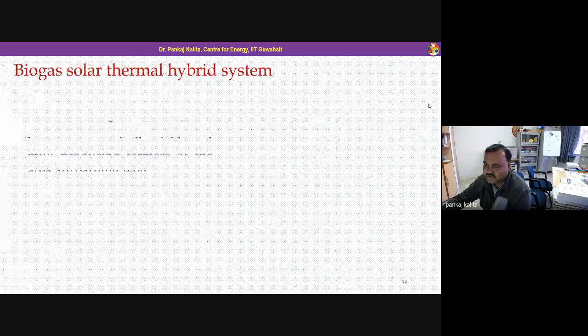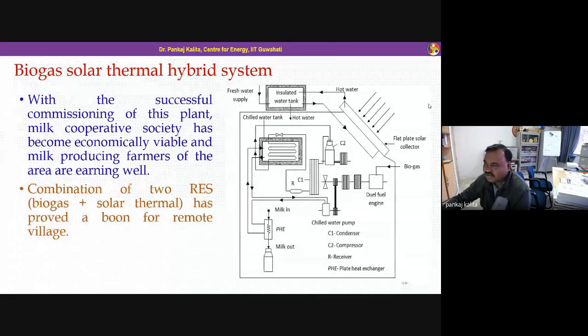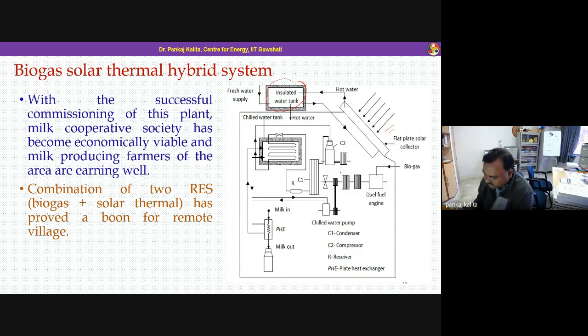Okay, you can see the configuration, how it works. It is something like this. This is the insulated tank where water is stored, and this is the flat plate collector. And then you can see the biogas is supplied to this dual fuel engine, and then other components are run. Okay, so here we have a vapor compression refrigeration system, so we can refrigerate it.